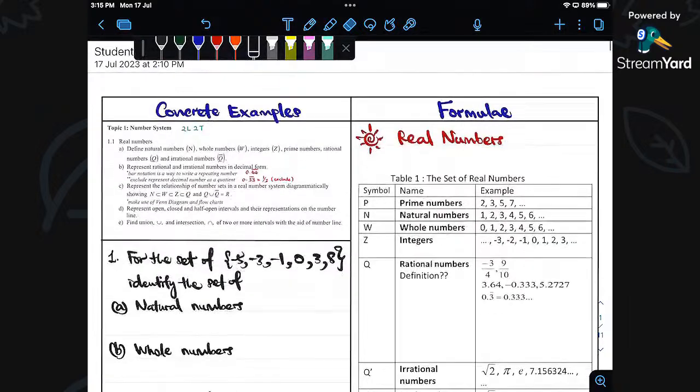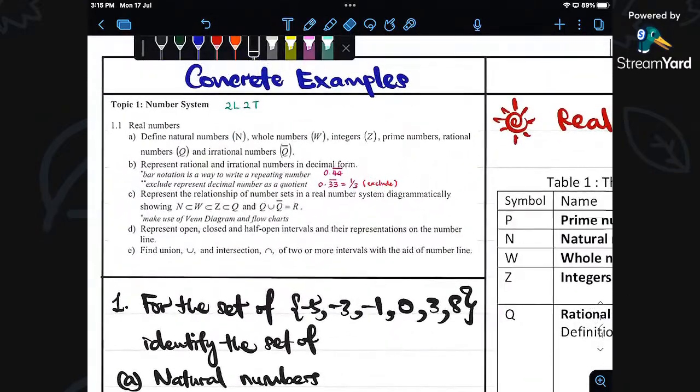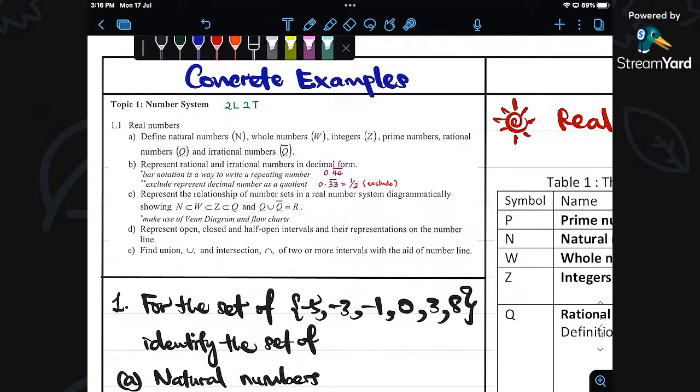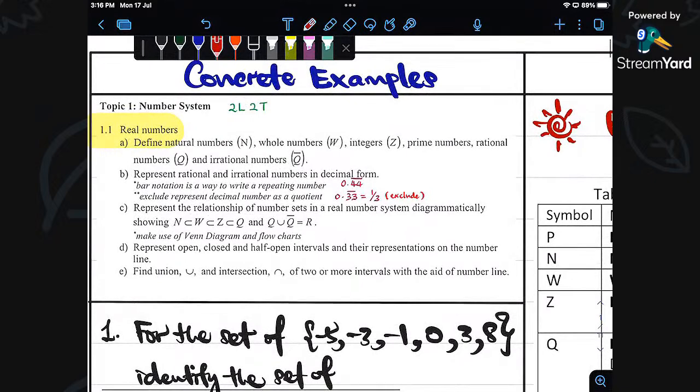So let's begin with our first topic, which is the number system. We have here real numbers. In this 1.1 real numbers, we need to define natural numbers, whole numbers, integers, prime numbers, rational and irrational numbers.